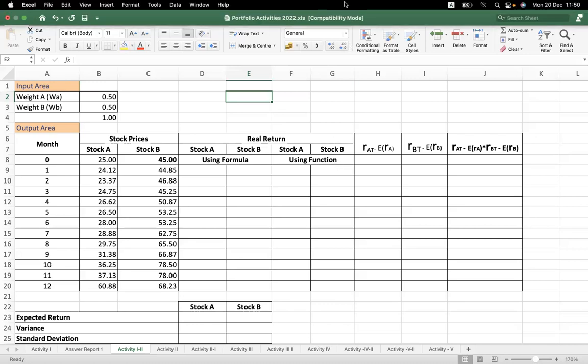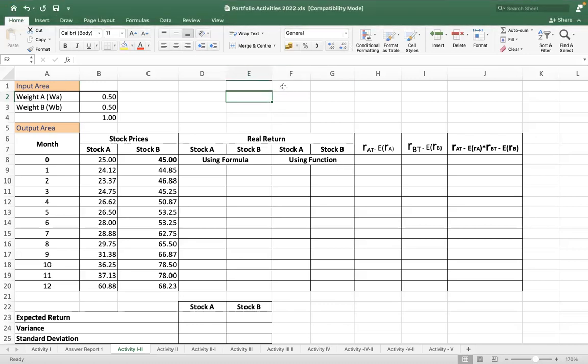Which one would you prefer? Do you prefer an online exam or a physical exam? Yes, physical exam.